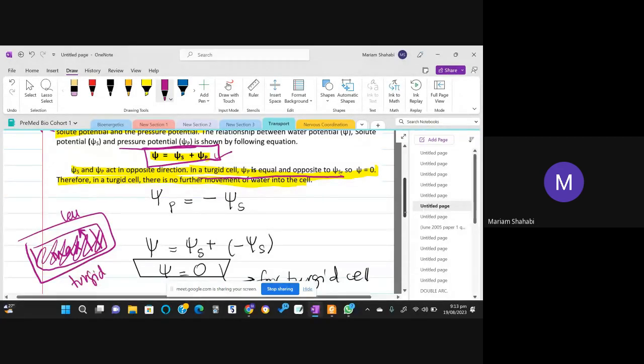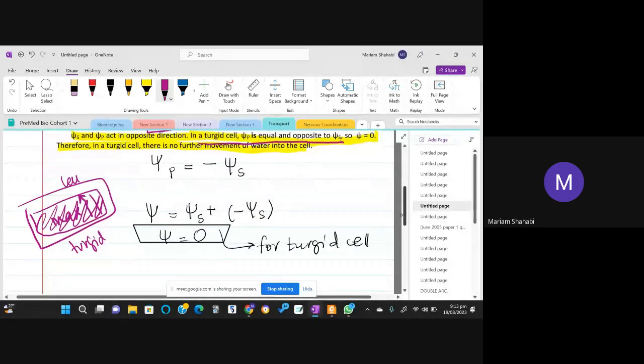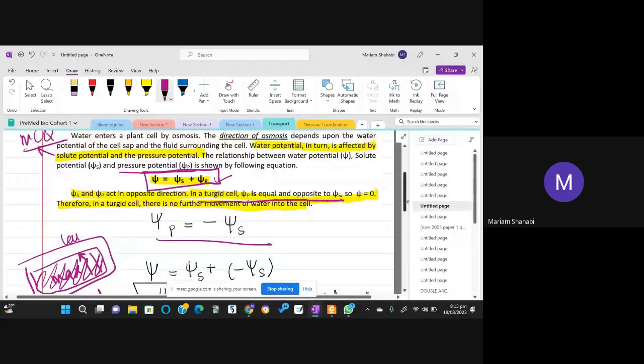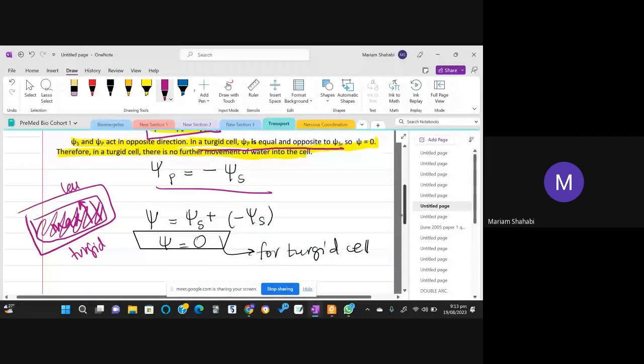एंड टर्जिड सेल जो प्रेशर पोटेंशियल एक्सर्ट कर रहा है, that is equal and opposite to the solute potential of the cell sap. So this is how we would write it. Pressure potential is a negative of solute potential. और अगर हम इसको equation के अंदर put करें तो we would see solute potential plus minus the solute potential again, तो फिर it gives you a zero value.